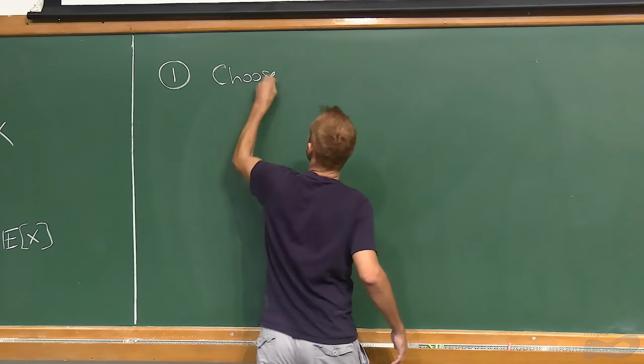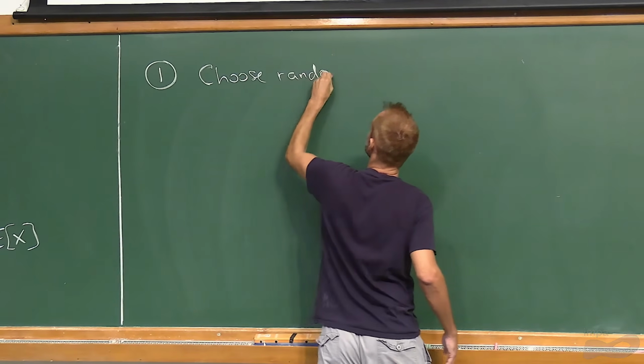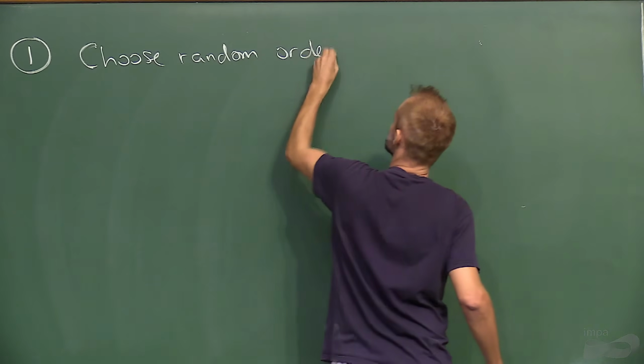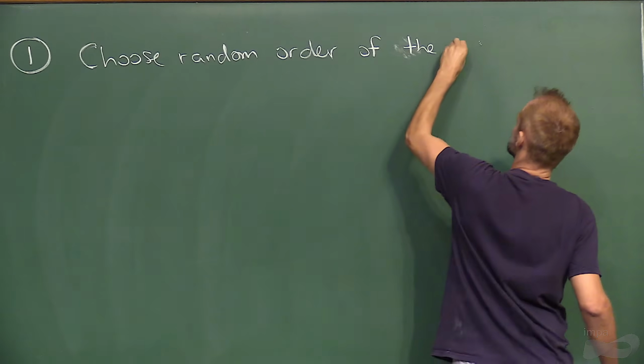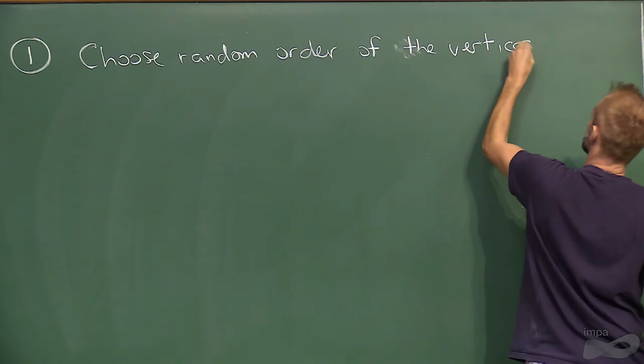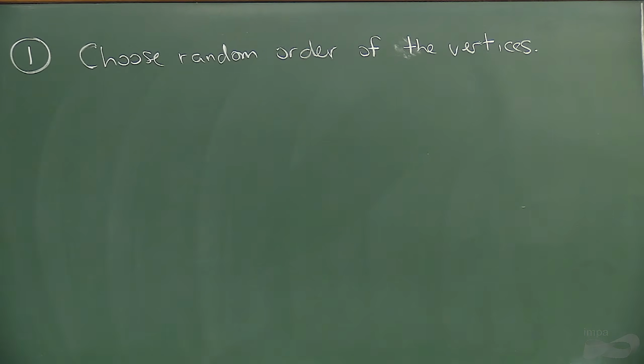So let's choose a random order of the vertices. Right? Instead of just picking the first one randomly and then the second one, let's just randomly order all of them.